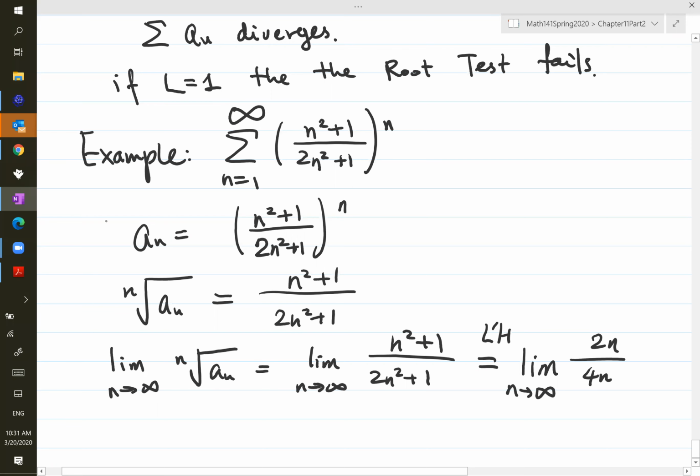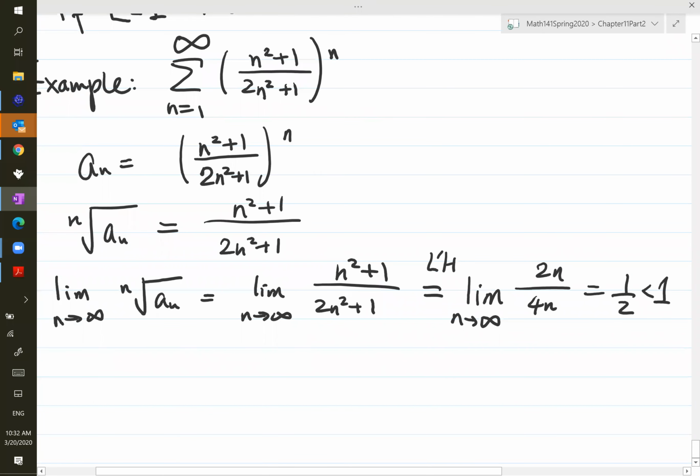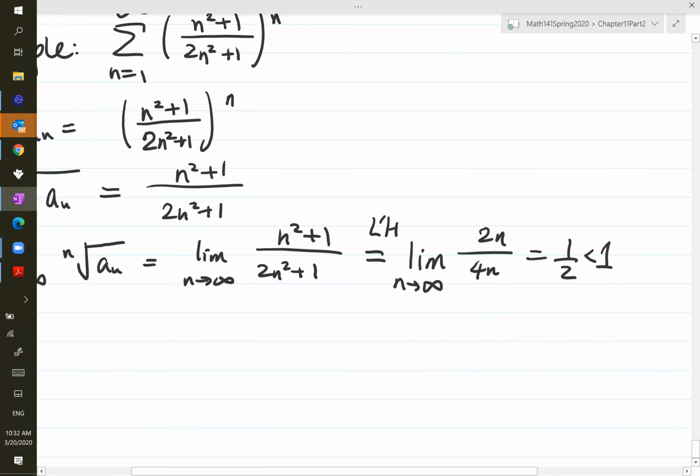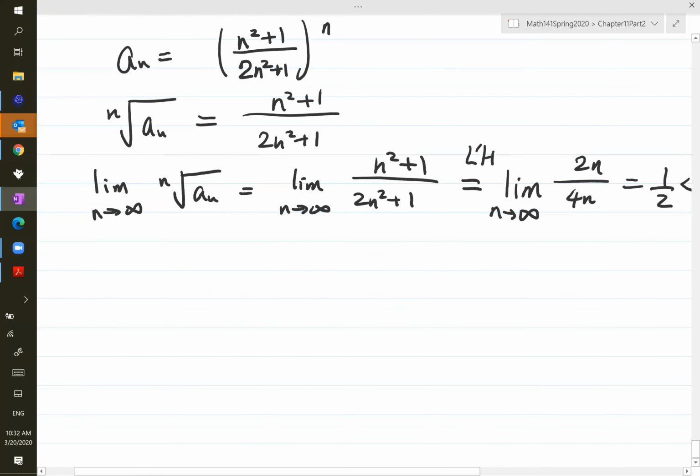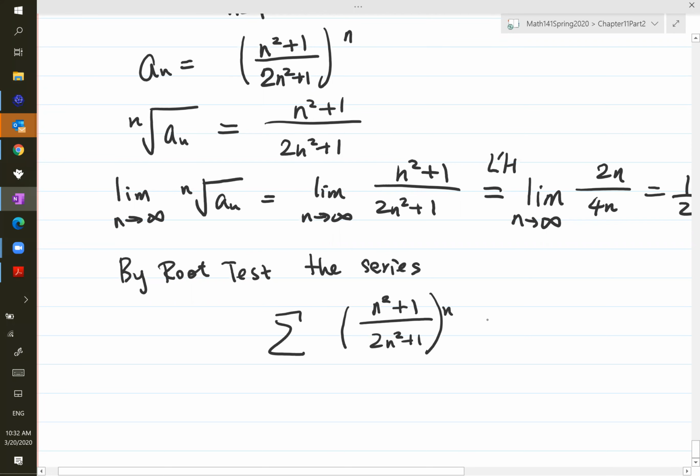Then you get just 1/2. 1/2 is less than 1, so we can conclude by the root test that the series converges. It converges absolutely, from n equals 1 to infinity.